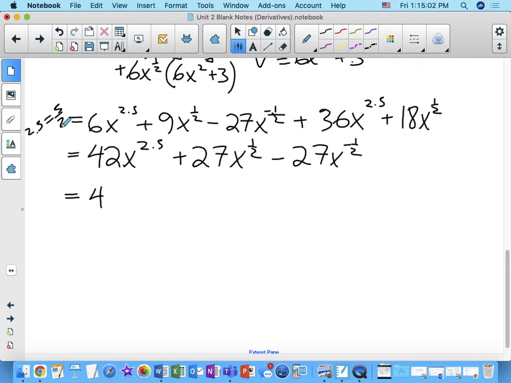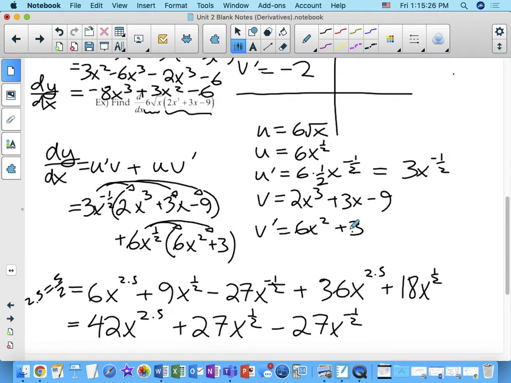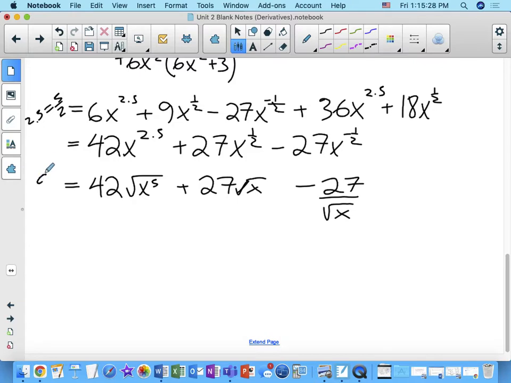So this is going to be 42 times the square root of x to the 5 plus 27 times the square root of x, and then minus 27 over the square root of x. And that was, what notation? It was dy dx. The notation was dy dx.